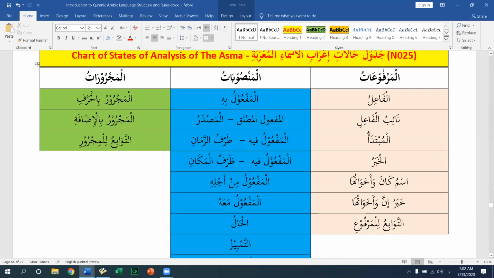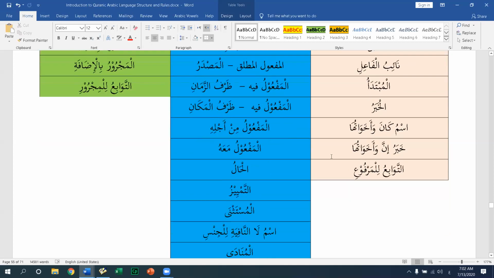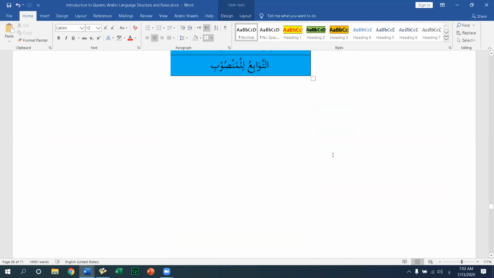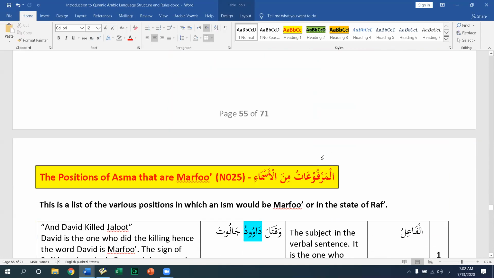If we were to say نظرت إلى كتاب الله, I looked at the book of Allah, then we would say إلى حرف جر كتاب مجرور بحرف الجر إلى and لفظ الجلالة مضاف إليه مجرور بالإضافة. So the mudaf will be analyzed based on its position in the sentence.